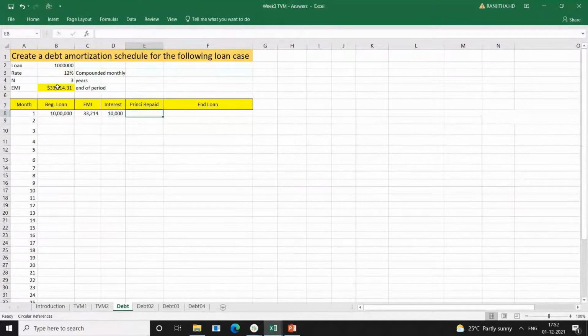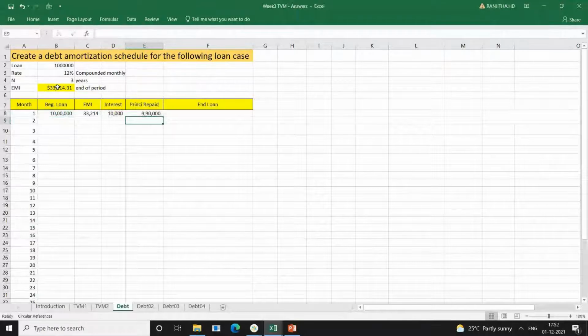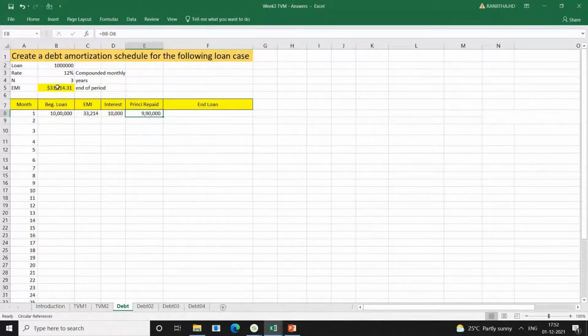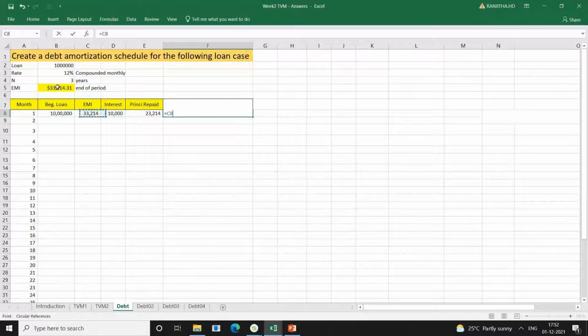So principal repaid is your EMI minus interest. End loan will be beginning loan minus principal repaid.